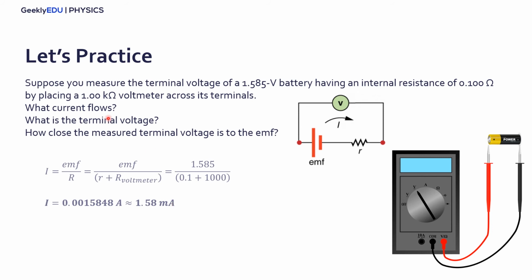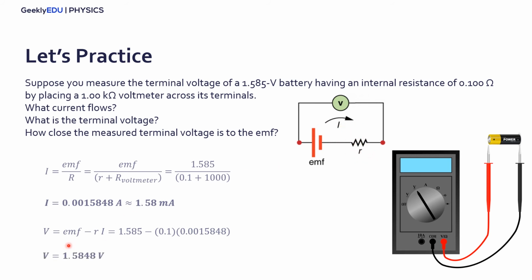For the terminal voltage, it is the EMF minus R times I. So the terminal voltage from this point to this point is the EMF minus the internal resistance times the current.